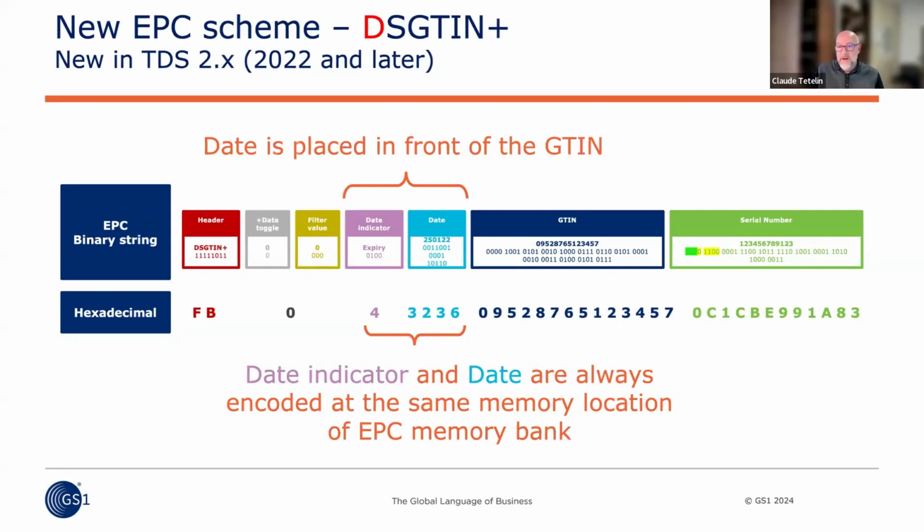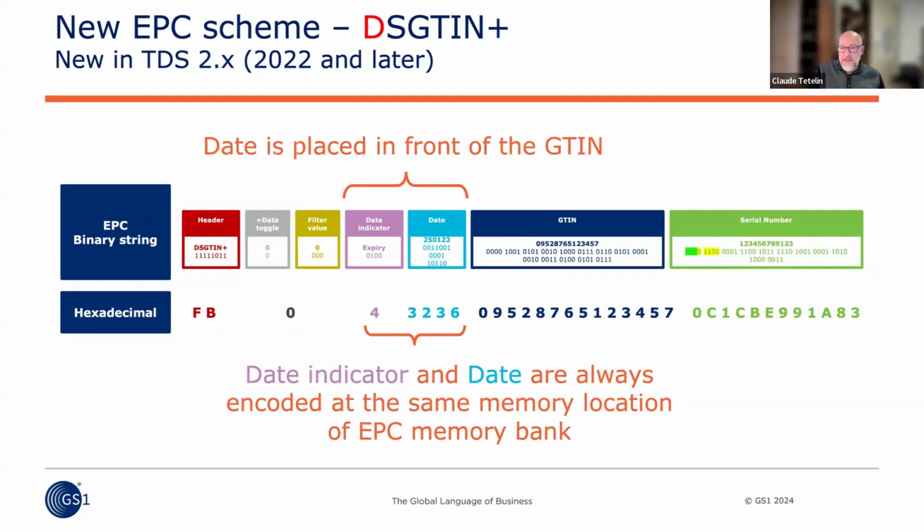And to be clear, it requires 20 additional bits to encode the date. And in this example, the binary string is 136 bits long. So you need to make sure that your tag has enough memory capacity for such a long string. But the beauty of DSGTIN+ is that the date indicator and the date itself are always encoded at the same memory location of the EPC memory bank.